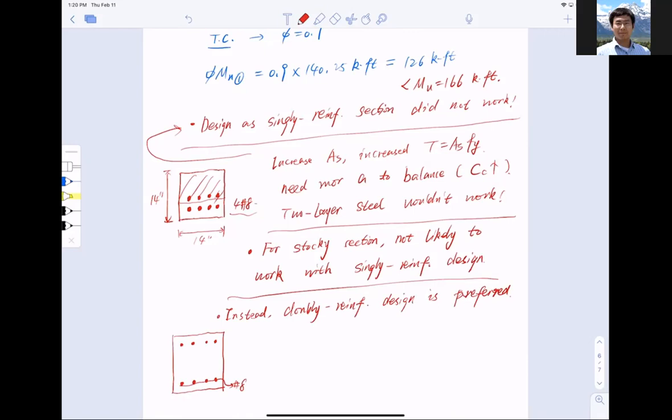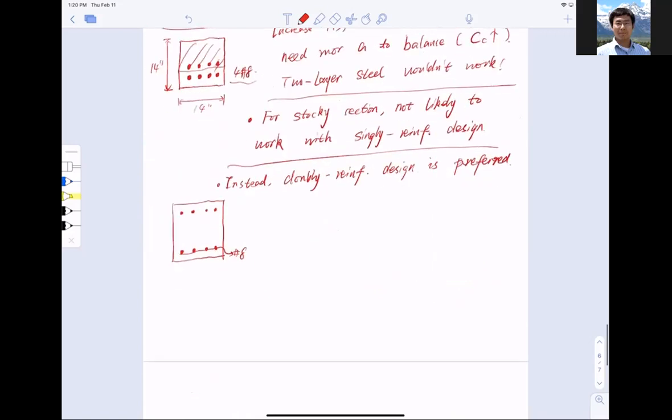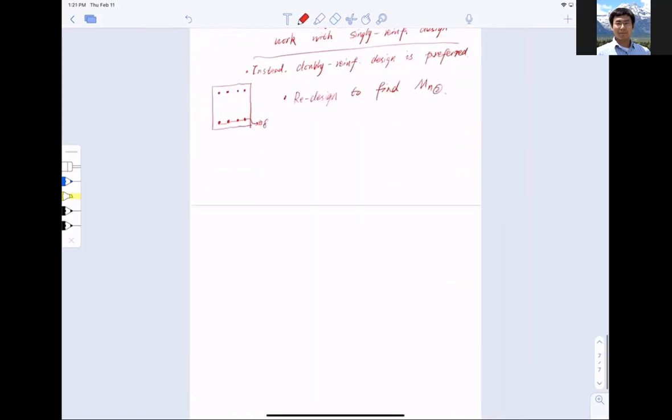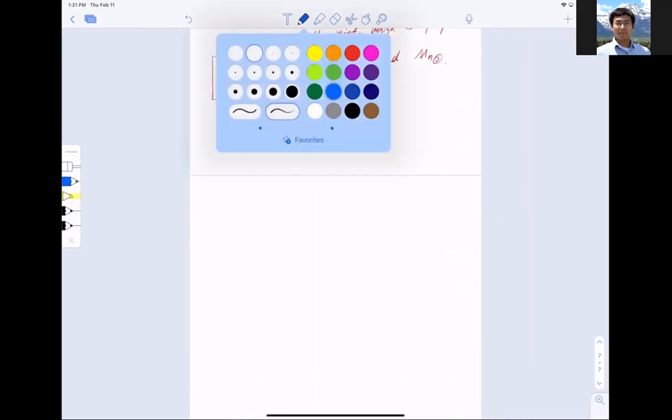Okay, so this is our task now. We're going to redesign to find the added moment Mn2, or should I put this 2 on the subscript here? Okay, let me start another page and carry on.